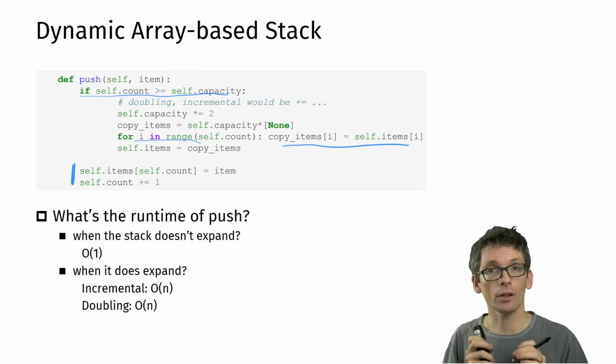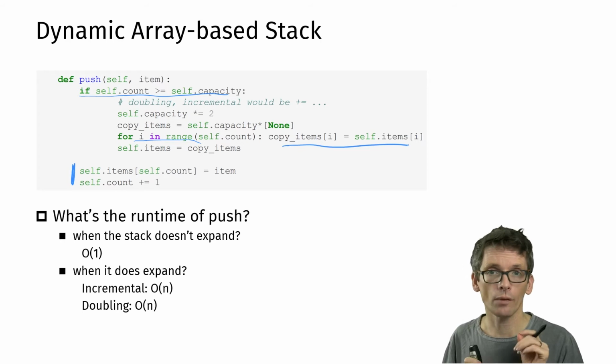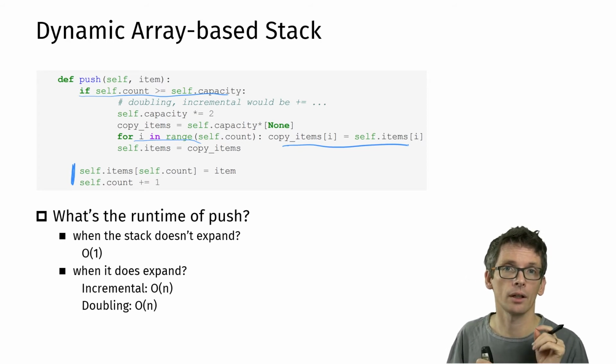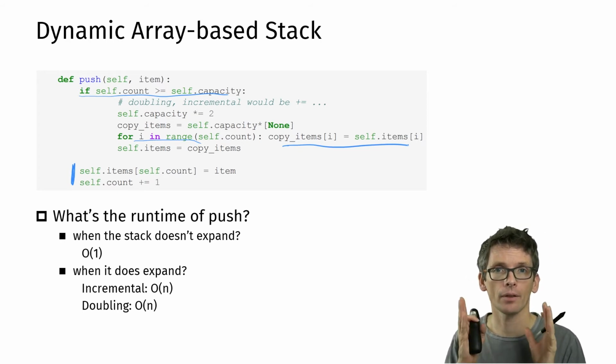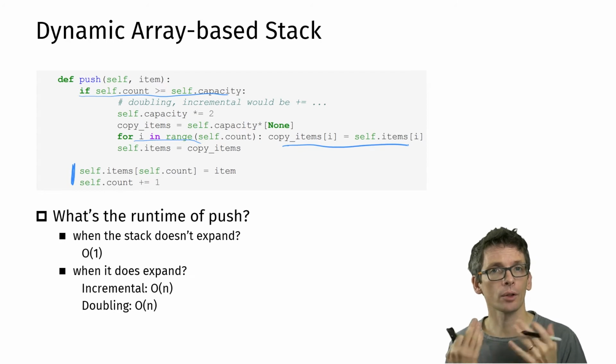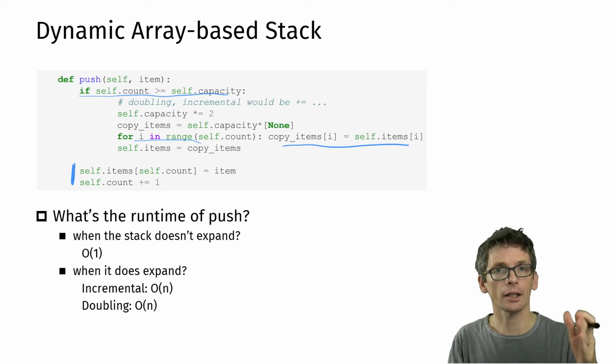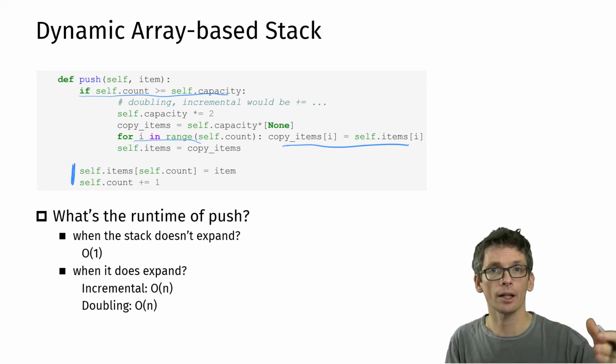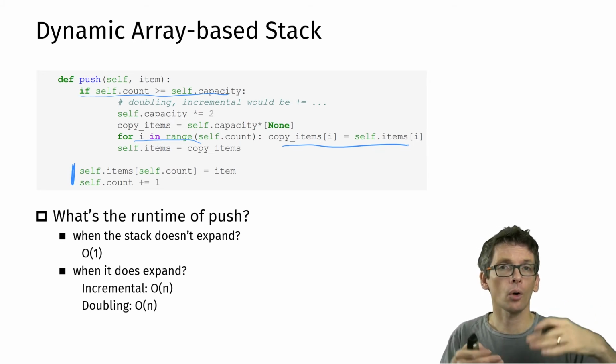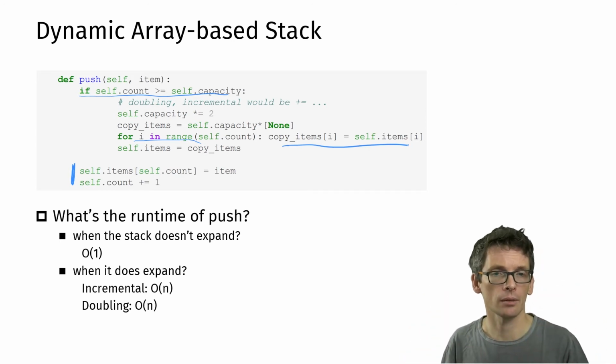Now the question that we want to answer next is, which of these two strategies is better? Think about that for a moment for yourself. What do you think is a better strategy? Always adding, for instance, always increasing the size by 5, or always doubling the size?